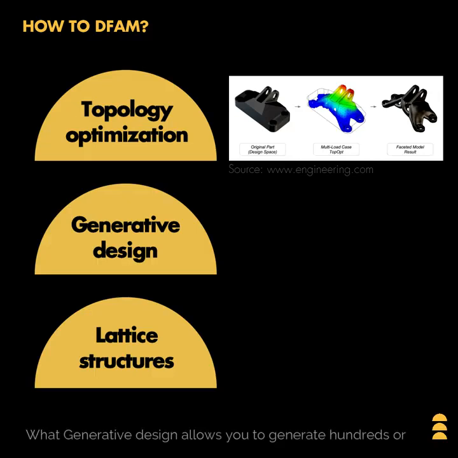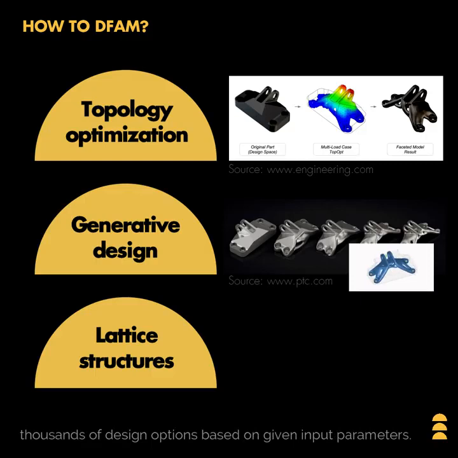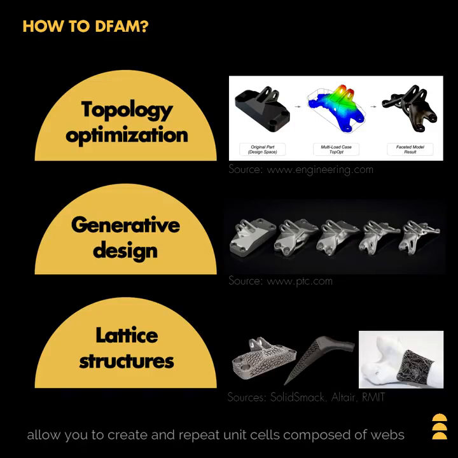What generative design allows you to do is generate hundreds or thousands of part design options based on input parameters you give to the software. And finally, latticing or lattice structures, which are bio-inspired configurations, allow you to create and repeat unit cells composed of webs with honeycomb or random patterns.